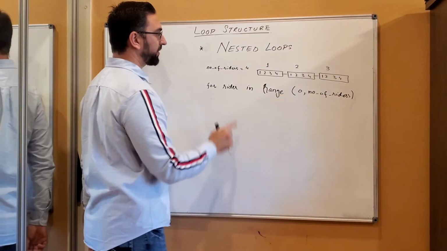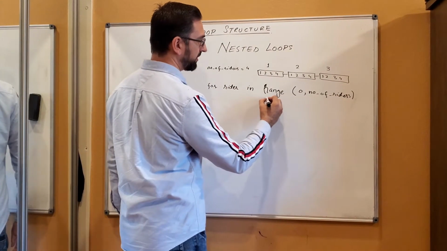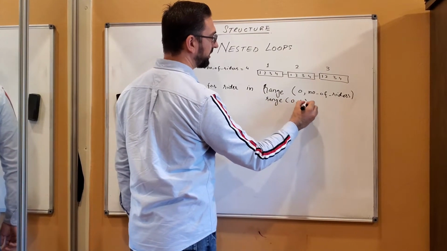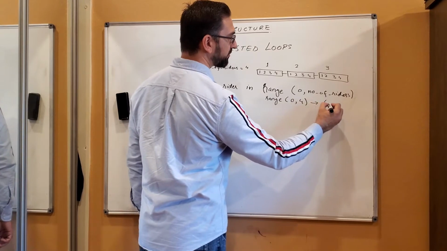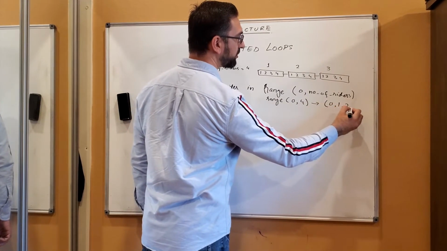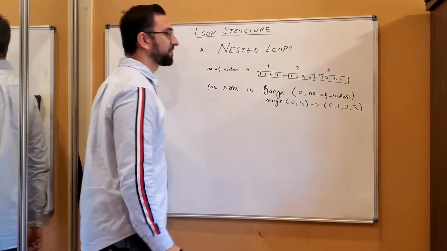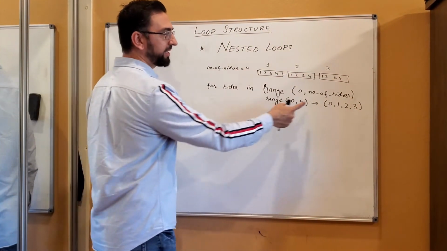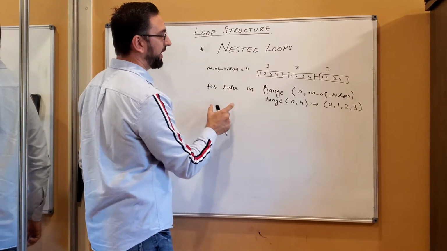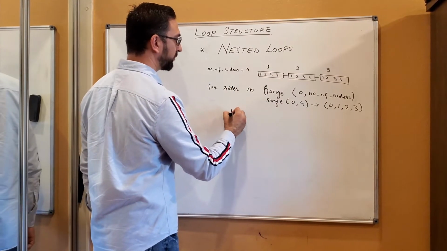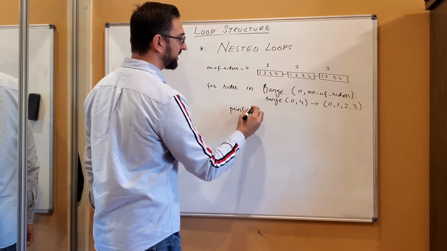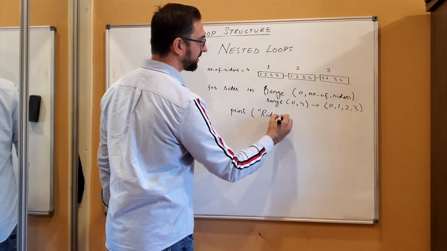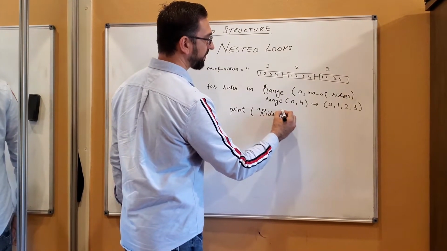In this case the number of riders is 4, so it will represent range 0 to 4, which will produce a sequence of numbers 0, 1, 2, and 3. Once we have the sequence of numbers, this rider will get assigned each value and processed inside the for loop. So very simply, we print the rider number.